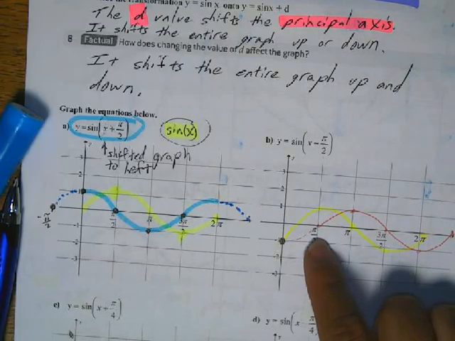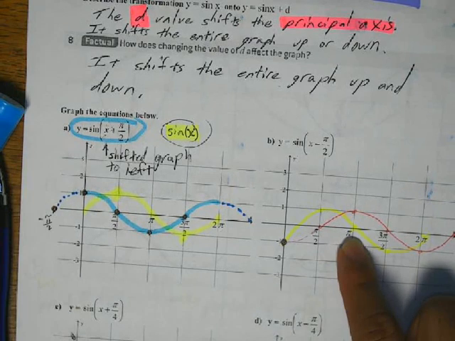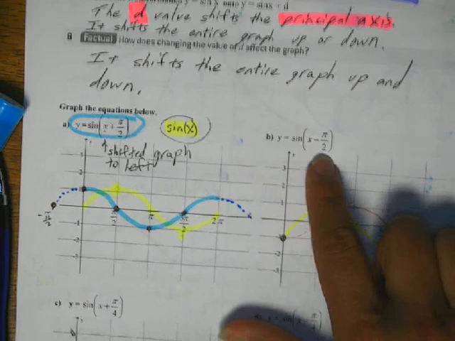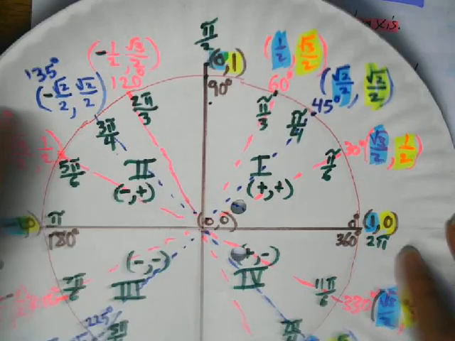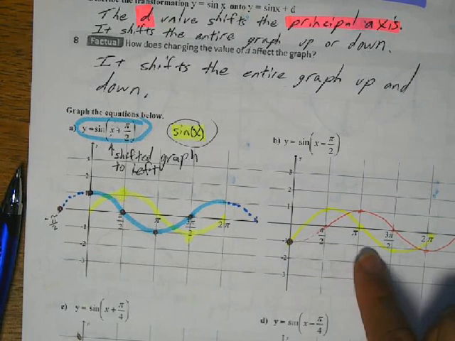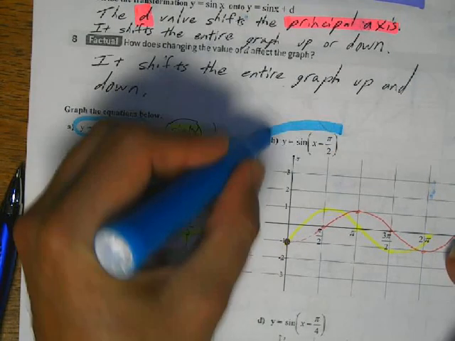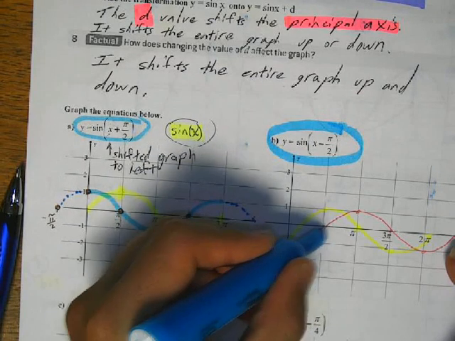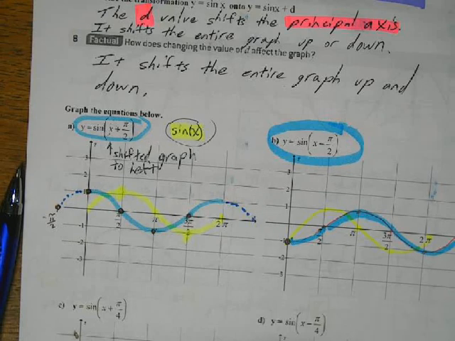Sine of pi, well, pi minus pi over 2 is sine of pi over 2, which is 1. So when you go through that whole process, you see that this graph has shifted to the right.